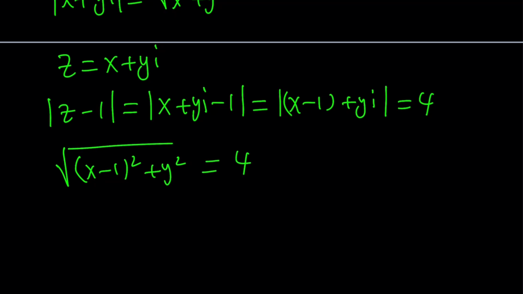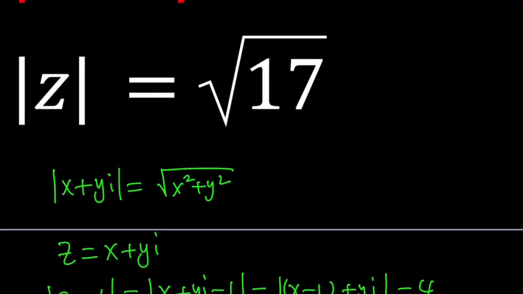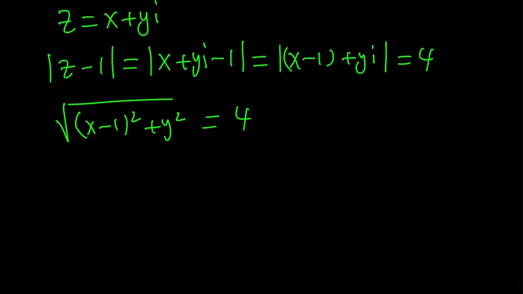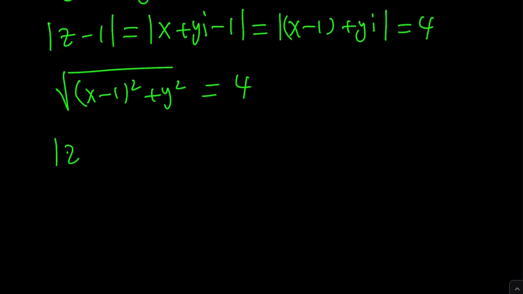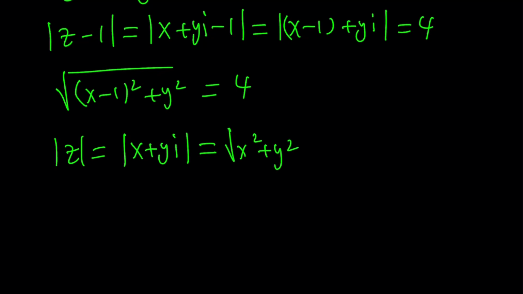Let's go ahead and find the other equation. Again, by substitution, replace z with x plus yi. So the absolute value of z is the same as the absolute value of x plus yi, which is the square root of x squared plus y squared by definition. And we're given that this is equal to square root of 17.